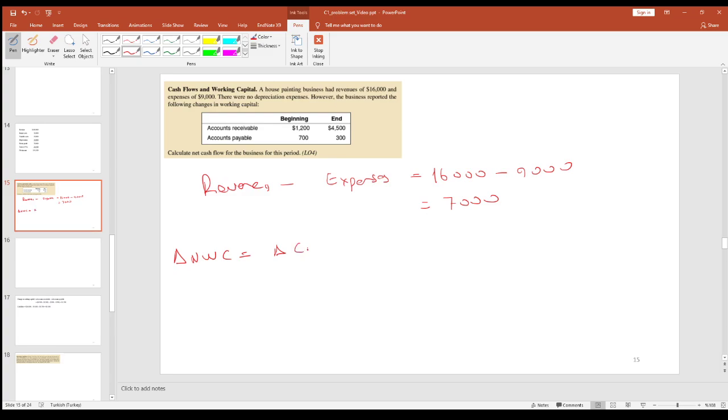Remember, change in current assets minus change in current liabilities. Accounts receivable is part of current assets and accounts payable is part of current liabilities.